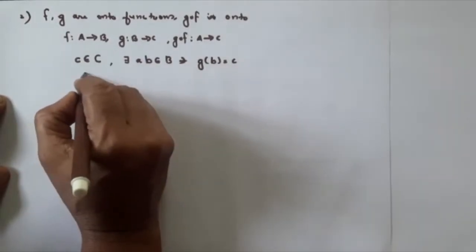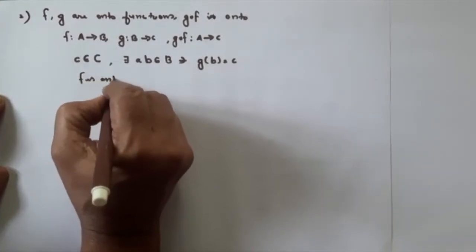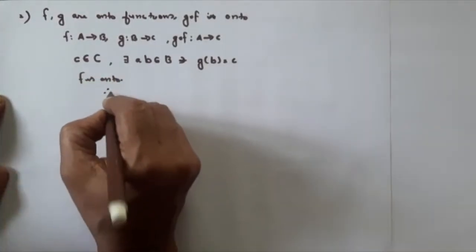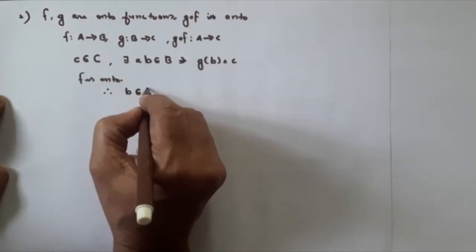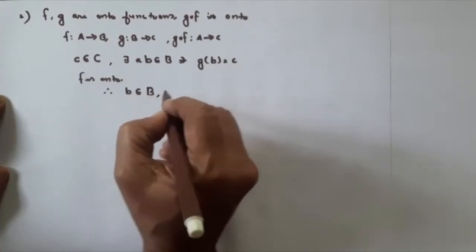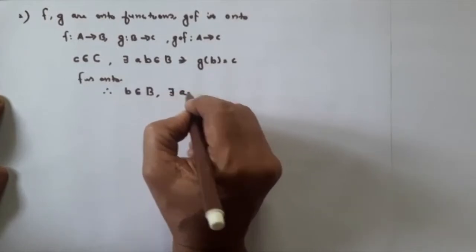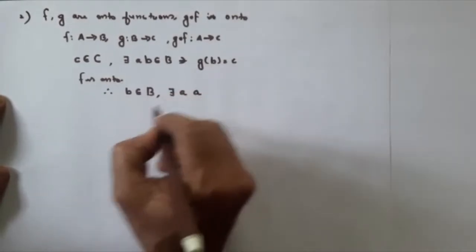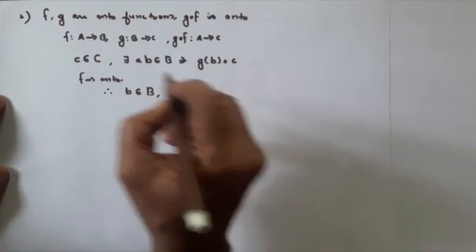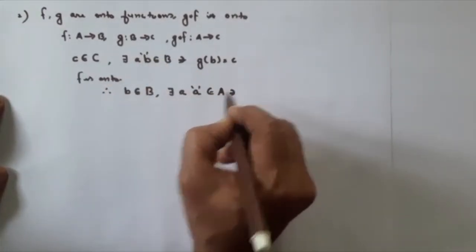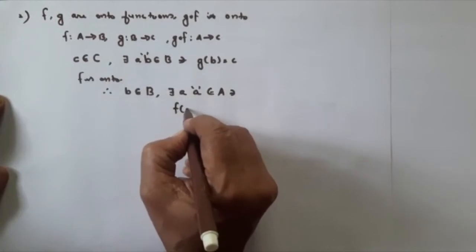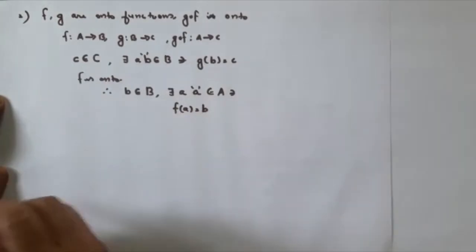Now, f is onto. Therefore, what can you write? Therefore, corresponding to this b belonging to capital B, there exists a small a belonging to capital A, such that f of a equal to b.